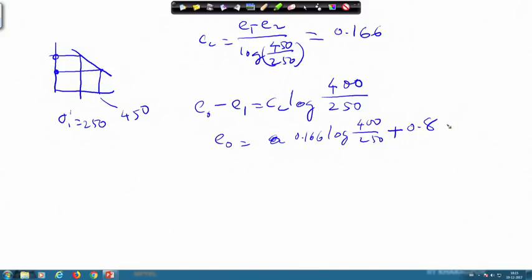So, this gives e naught equal to 0.8339. And so, this is the first part, compression index and initial void ratio.